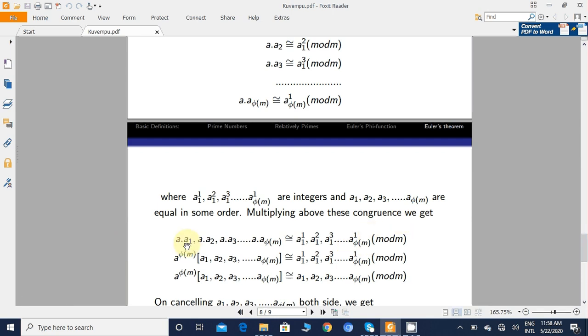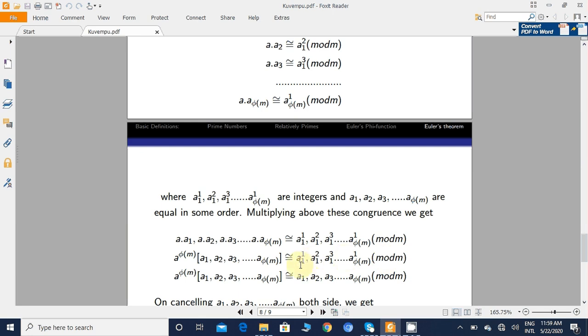Now here a will repeat φ of m times, that's why a power φ of m, if I take outside, the remaining a1, a2, a3, etc., a of φ of m is congruent to once again a1 dash, a2 dash, a3 dash, etc., a of φ of m dash under the same modulo m.